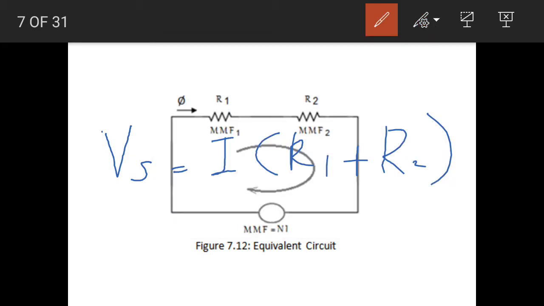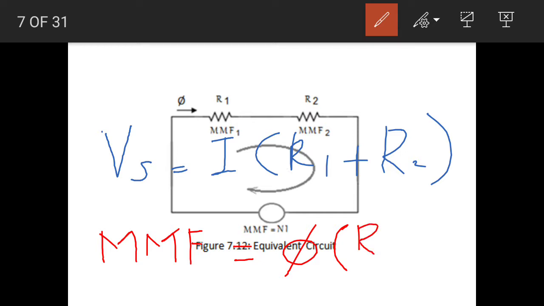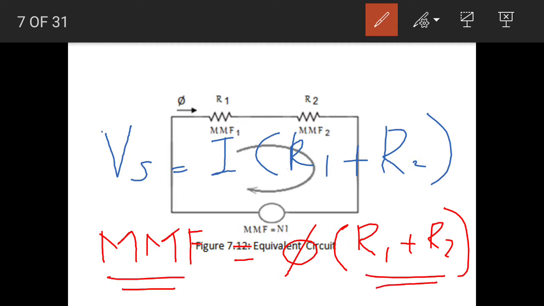Voltage in the electrical circuit is analogous to MMF, so MMF in this series magnetic circuit is analogous to the voltage. The magnetic flux is analogous to the current. R1 is analogous to the reluctance of the first material, and R2 is analogous to the reluctance of the second material. We have already calculated MMF and the total reluctance of this magnetic circuit.